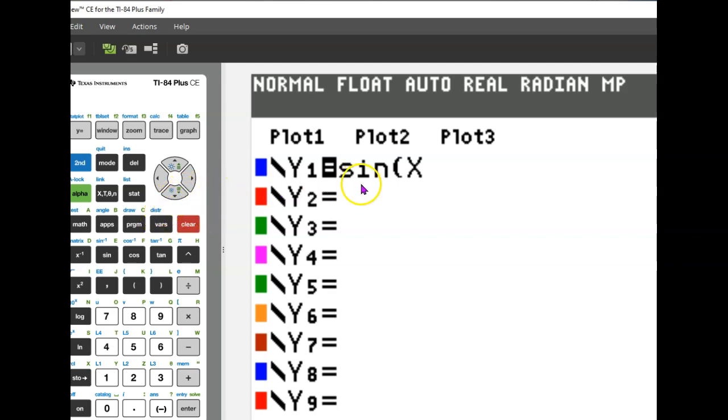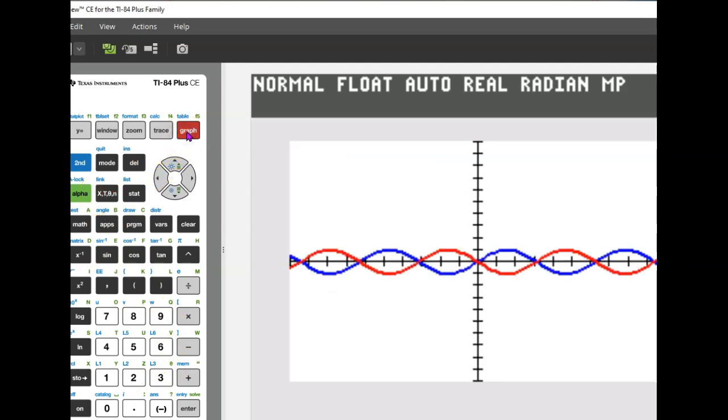If sine of x starts at 0, what do you think sine of negative x starts at? Let's look at it and see if it makes sense. Okay, so it starts at 0 too. It was a tricky question because you thought you needed a different answer.